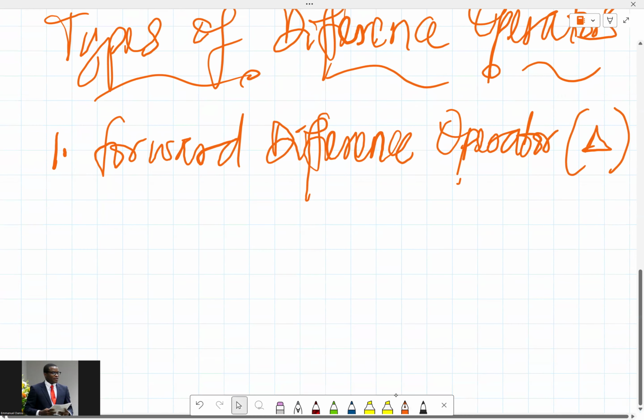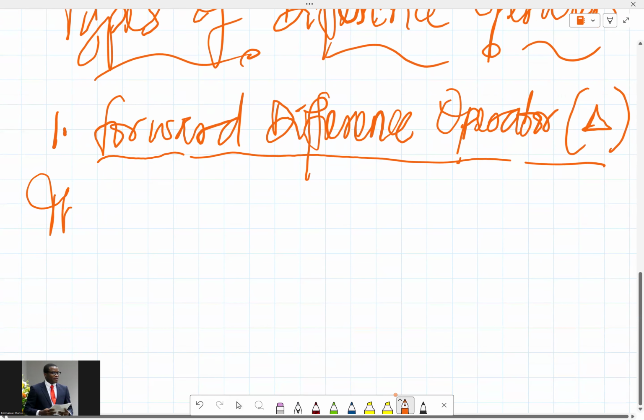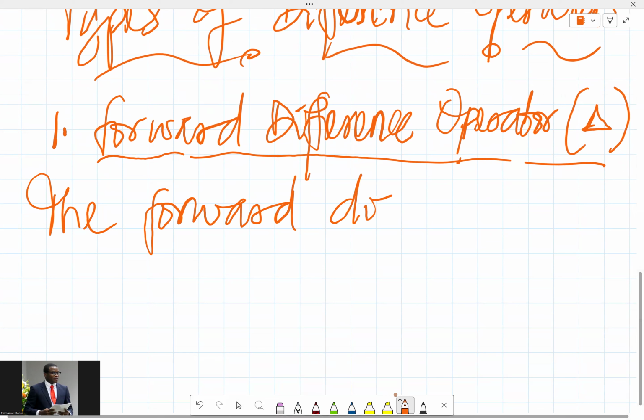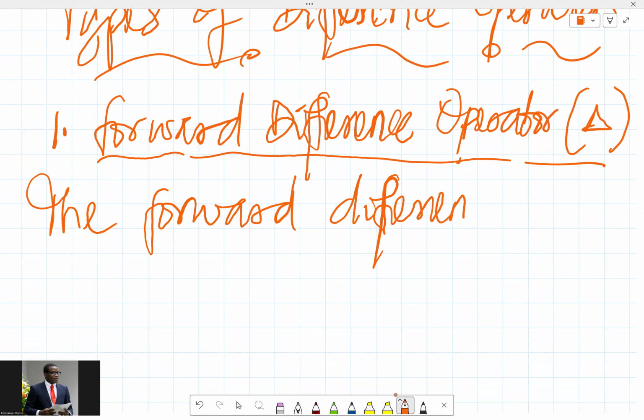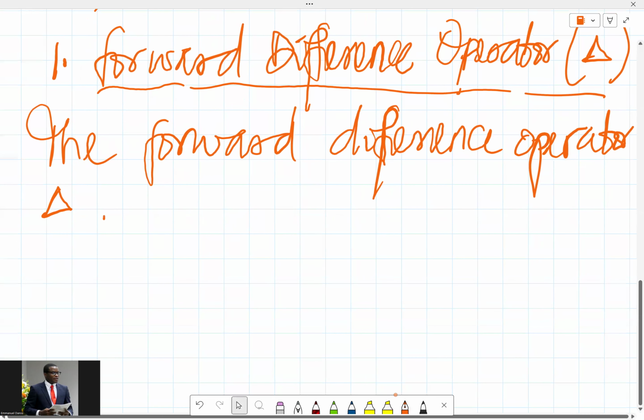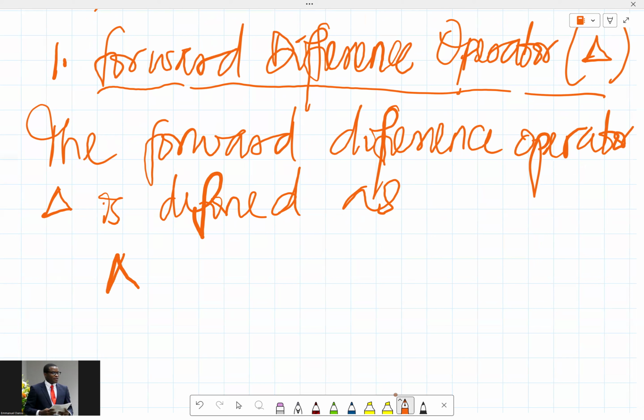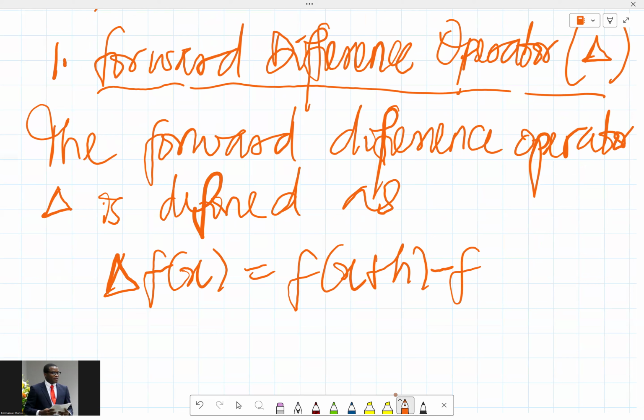That's the forward difference operator, which we can call delta. It is defined as delta f of x equals f of x plus h minus f of x.